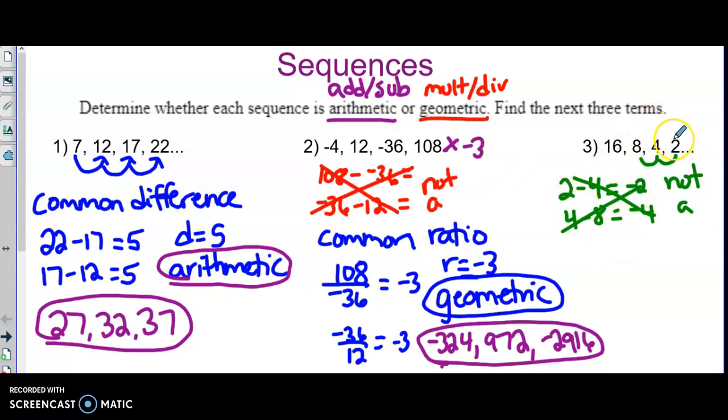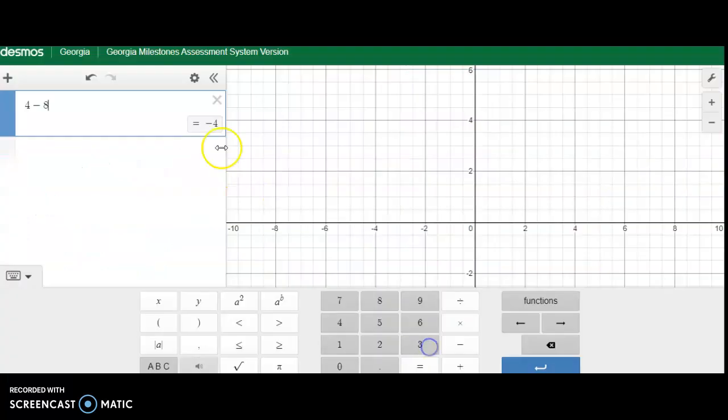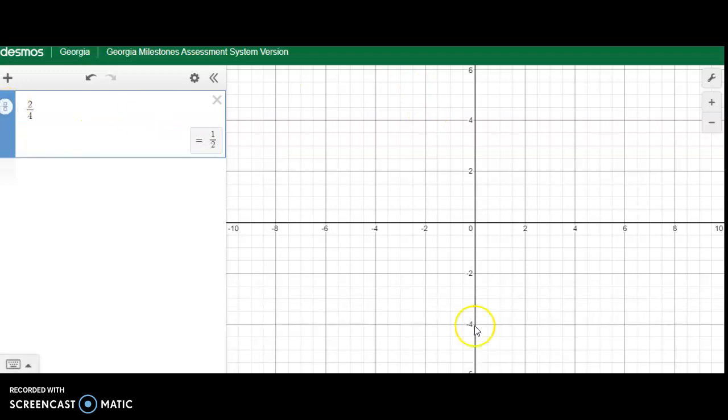For geometric, you have to have a common ratio. And remember, a ratio is a fraction. So we're going to do 2 over 4 and see what that equals, and then 4 over 8. If it's the same, then it is geometric. 2 divided by 4 is 0.5, or 1/2, either way.